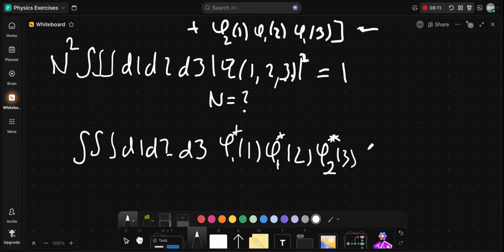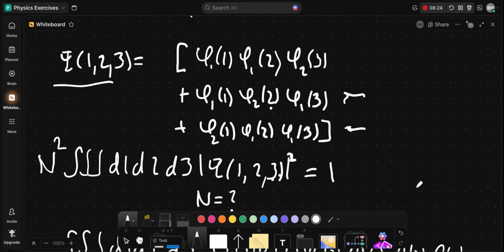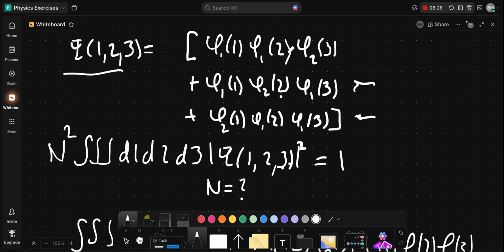That's a 1 there, sorry. Phi 1,1, phi 1,2, phi 2,3. Okay, so that's one term that you're going to get when you take this wave function here.